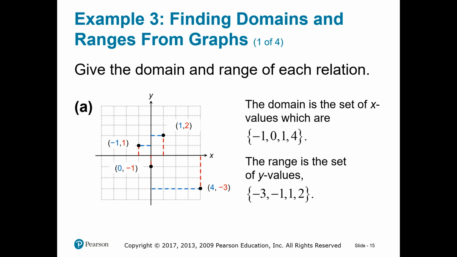At how many points does the vertical line intersect the graph here? Only one. If you draw the vertical line through -1, 1, it only intersects at one point, right? So that's why this relation is a function. You see what I'm talking about?